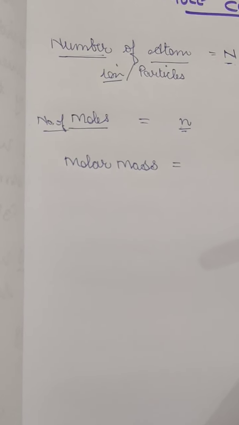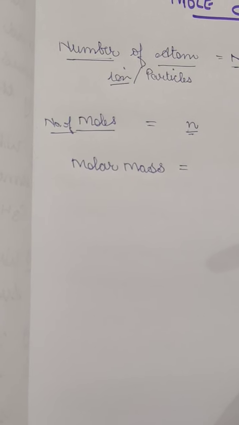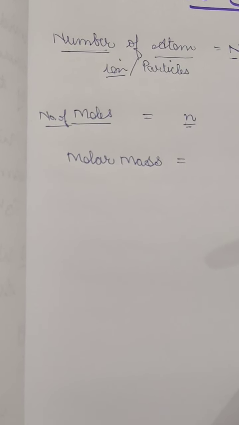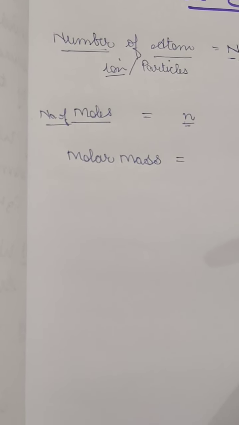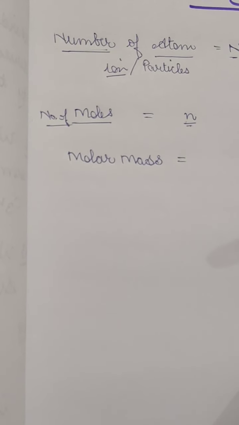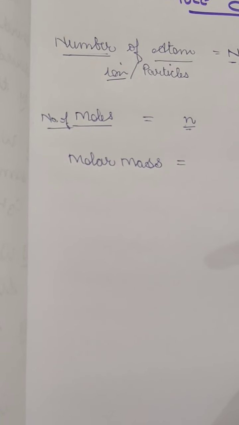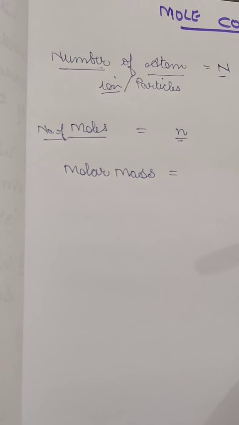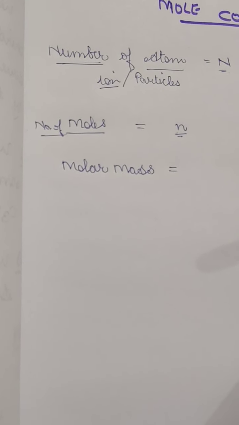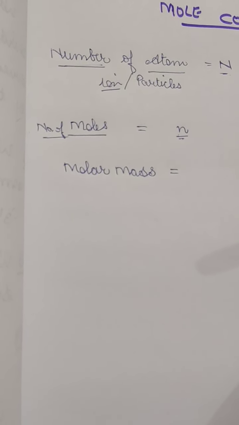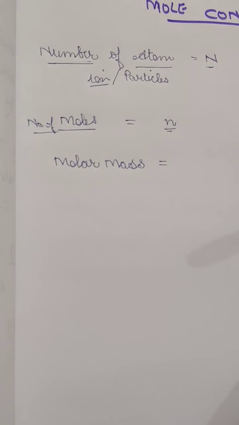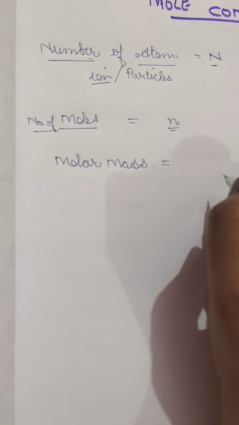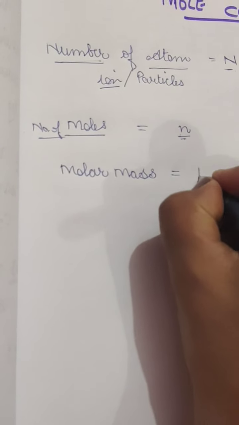Molar mass is either given or we have to find it. We have done it already in the previous topics of this chapter, so we know how to find molar mass by calculation. Molar mass is always denoted by capital M.